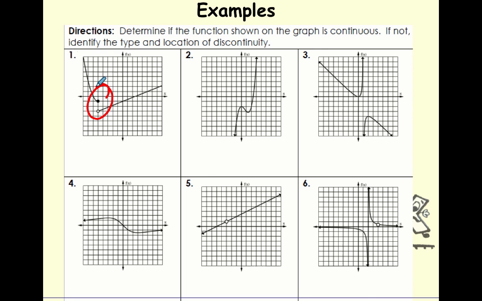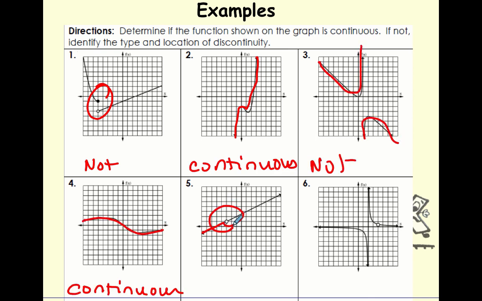So if I see this, it's not. If I'm not skipping anything, it is. I'm having to jump, so it's not. Not skipping anything. I got a hole, and this one has two things. I see I have a hole, and I have an infinite discontinuity, so this one's not continuous. Okay, so now we want to identify.